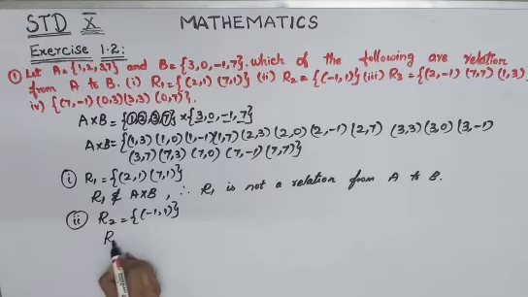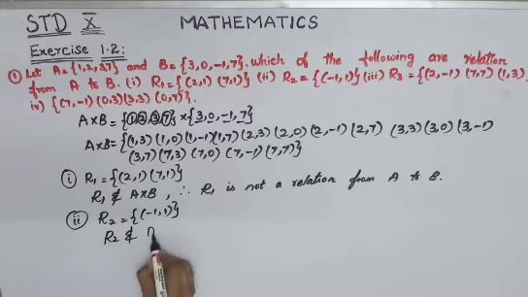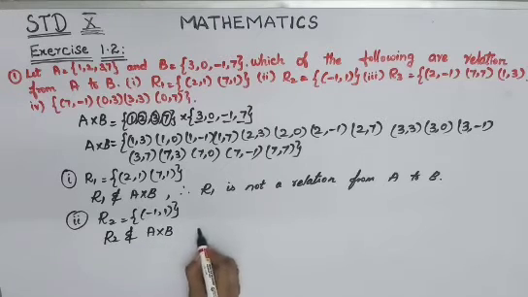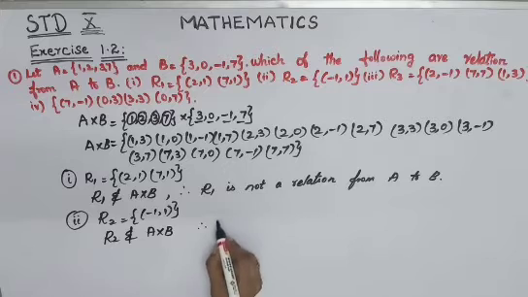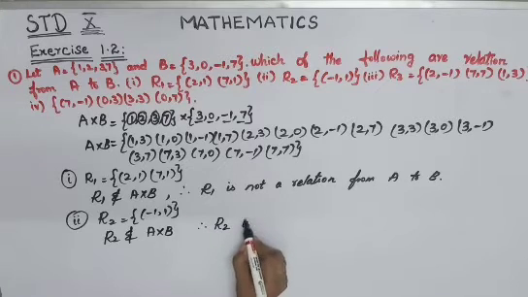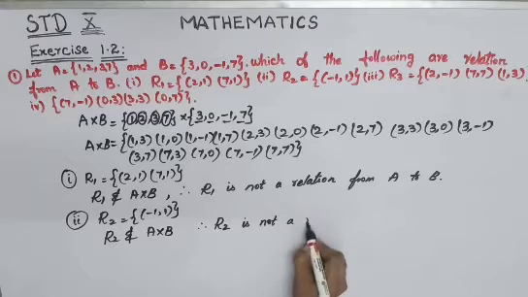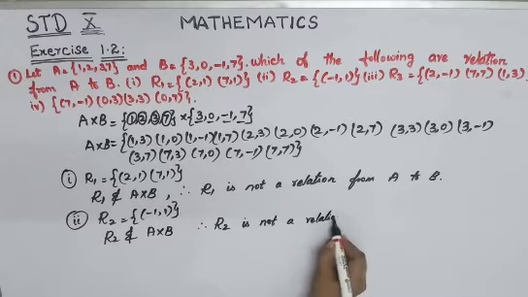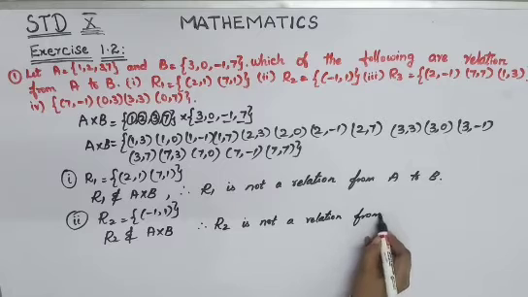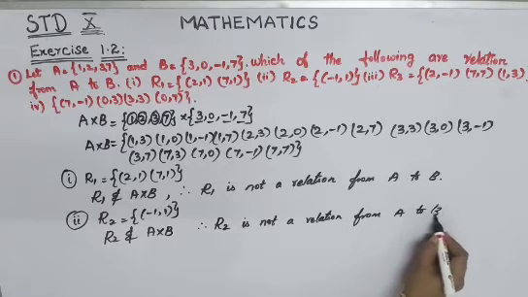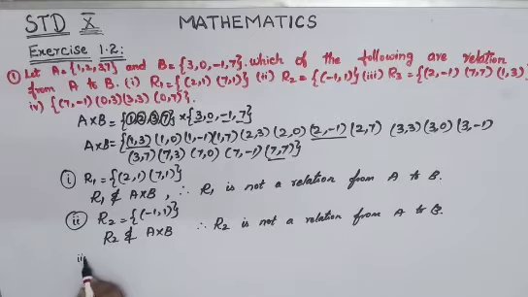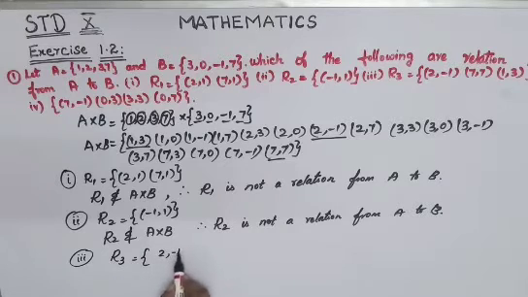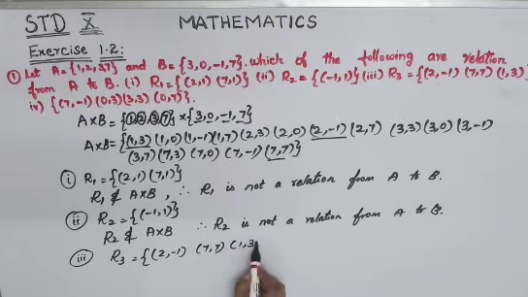So you can declare that R2 does not belong to A cross B. Therefore, R2 is not a relation from A to B. Third subdivision, R3 is equal to {(2, -1), (7, 7), (1, 3)}.